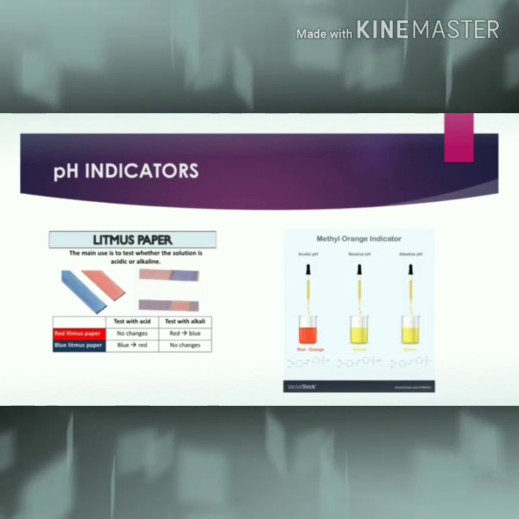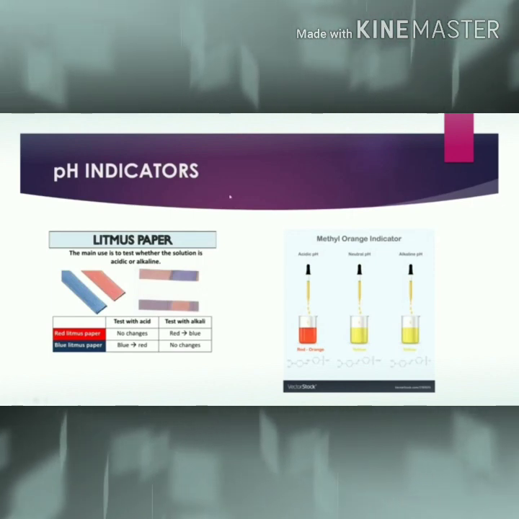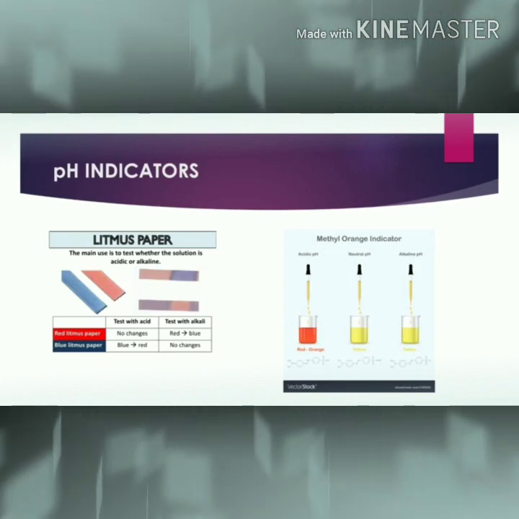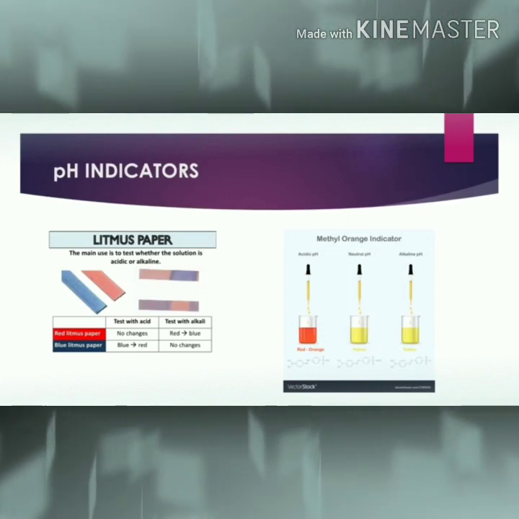Now take these two papers, red litmus paper and blue litmus paper. They simply tell you whether a solution is acidic or alkaline. If you put red litmus paper in acid, no change will be found. If you put it in alkali, you will find it change from red to blue.